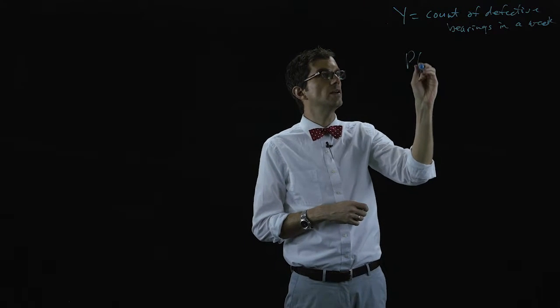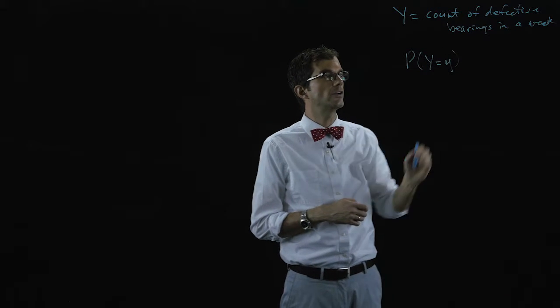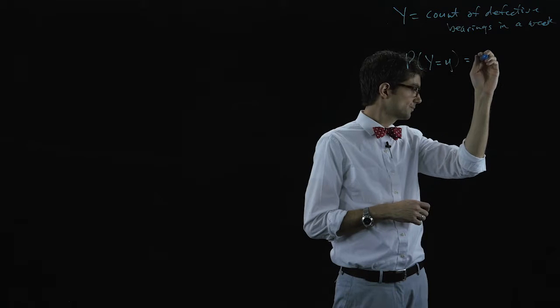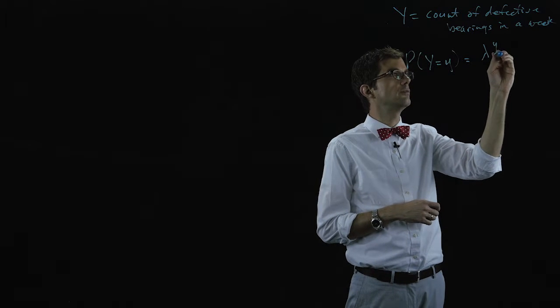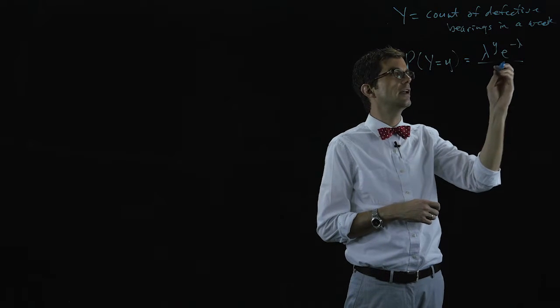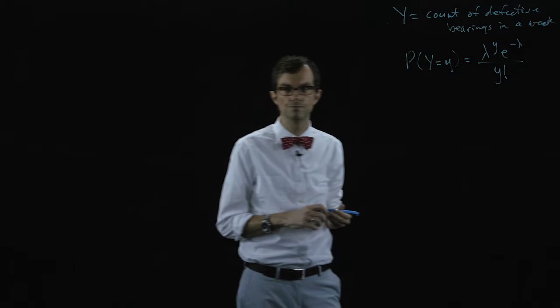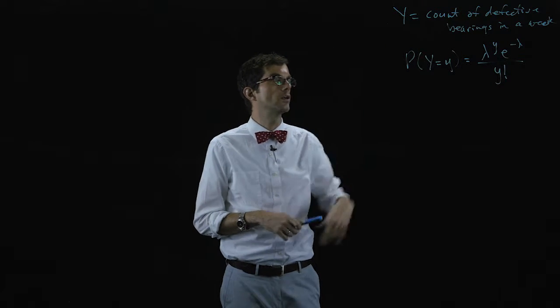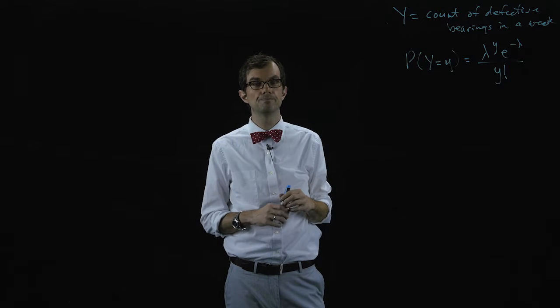The probability that y takes on a particular value, little y, you might remember, is lambda to the y, e to the minus lambda, divided by y factorial. That is the probability function for a Poisson distribution.